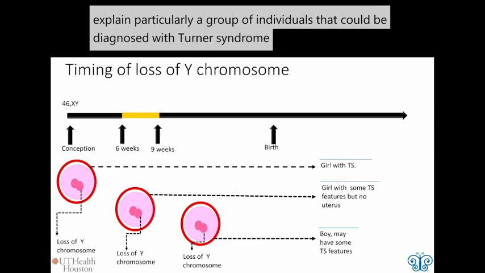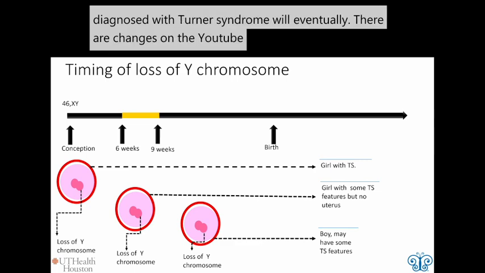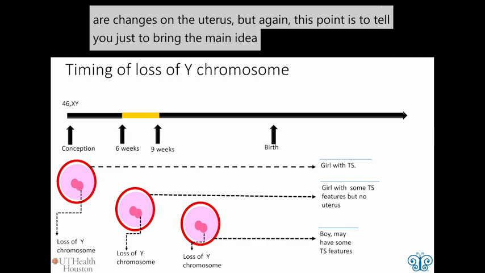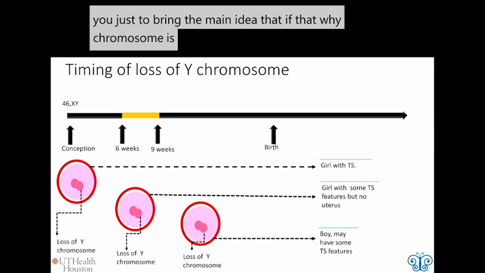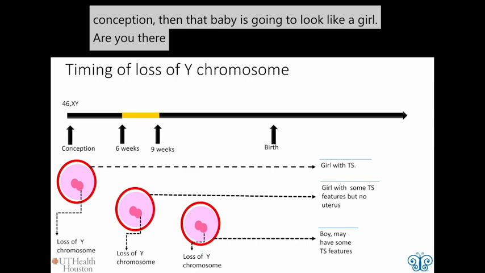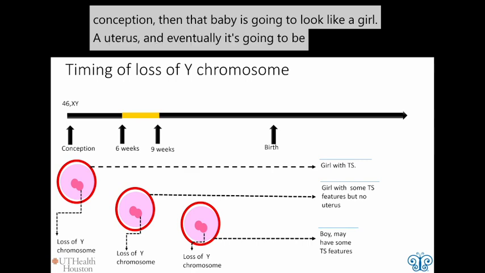Well, eventually there are changes in the uterus. But the main idea is that if that Y chromosome is lost before week 6 to 8 after conception, then that baby is going to look like a girl, have a uterus, and eventually be diagnosed with Turner syndrome.